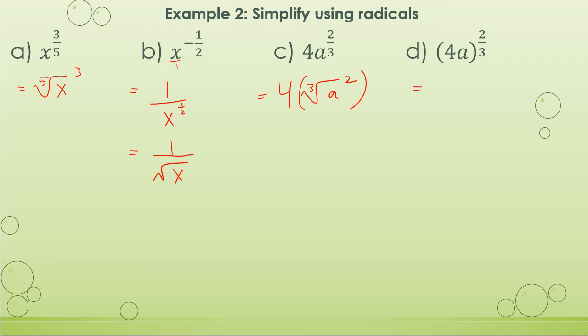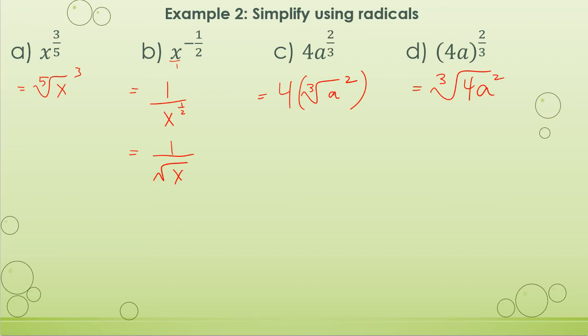Now, as you can see, D clearly shows you that that 2/3 does not only apply to the a, now it applies to the 4. It applies to everything in the brackets. So this is the 3rd root of 4a squared.